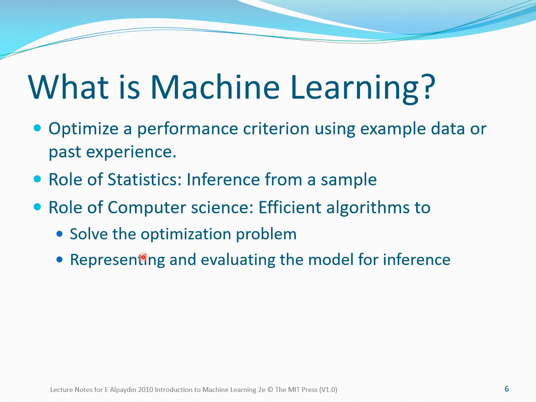First, in training, we need efficient algorithms to solve the optimization problem as well as to store and process the massive amount of data that we generally have. The second one is, once a model is learned, its representation and algorithmic solution for inference need to be efficient as well.